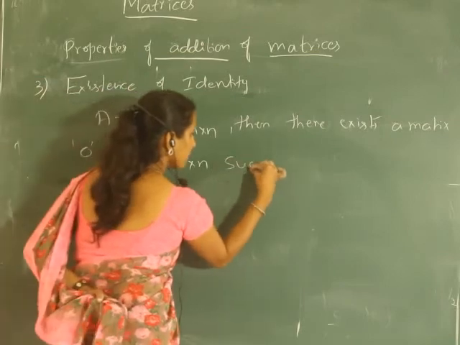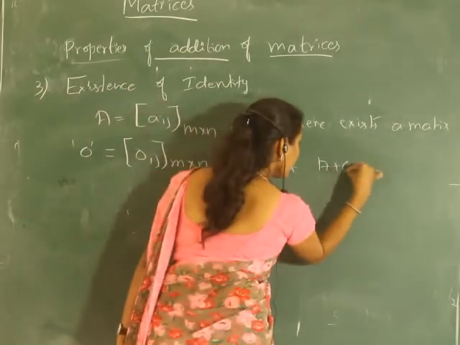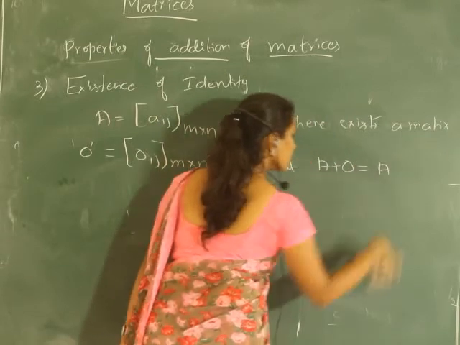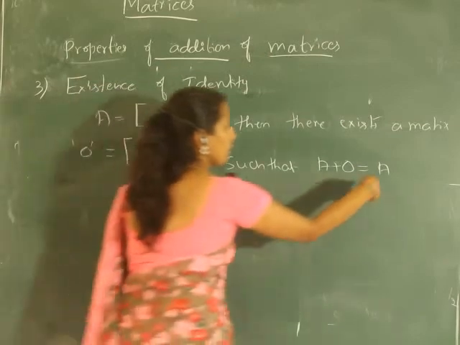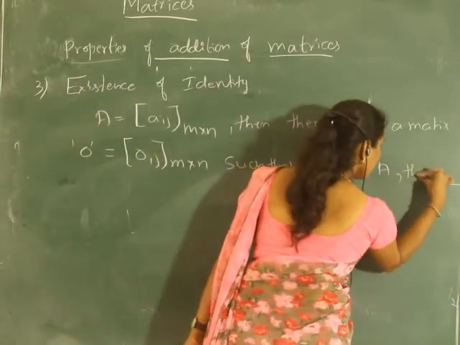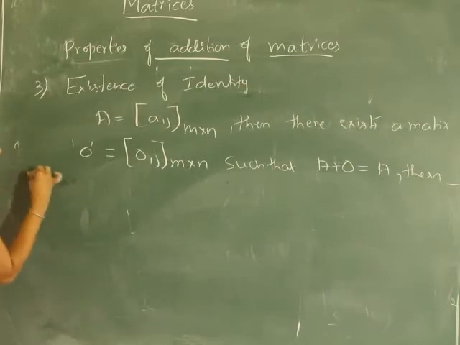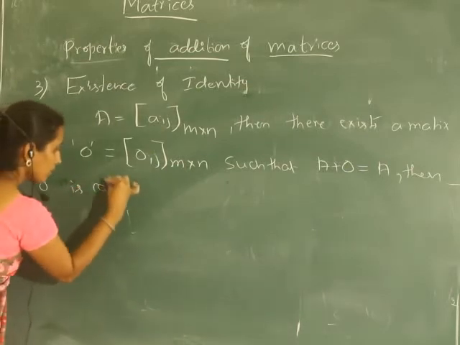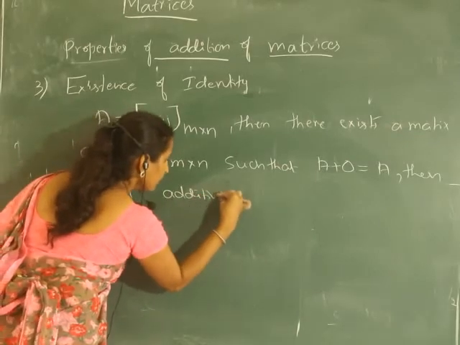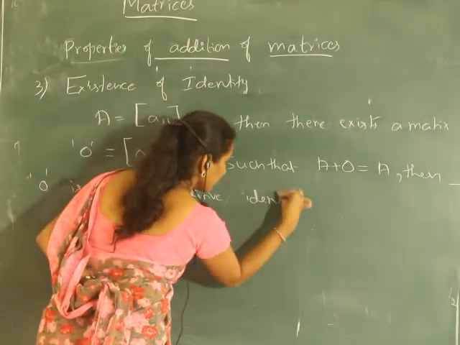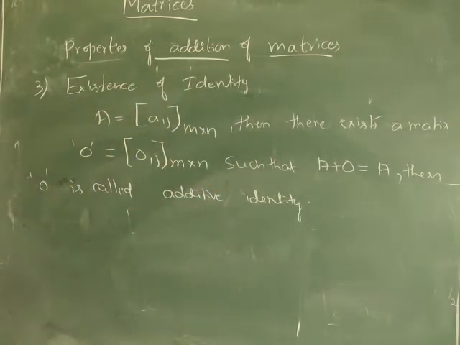such that A plus 0 is equal to A. Then 0 is called the additive identity.